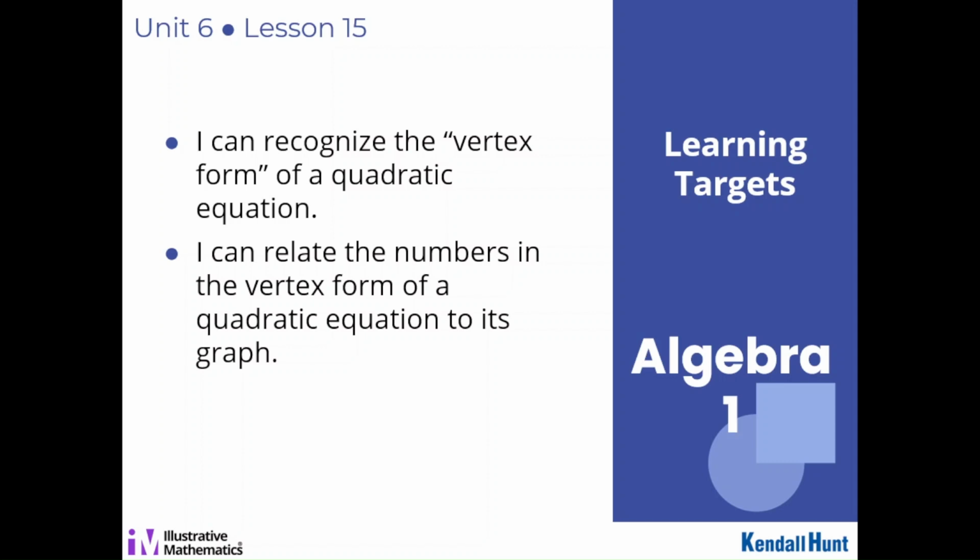Remember that it is x minus h, so h is the opposite of what you see, and h is the x-coordinate of your vertex. And then because you have plus k, k is exactly what you see, and it is the y-coordinate of the vertex.